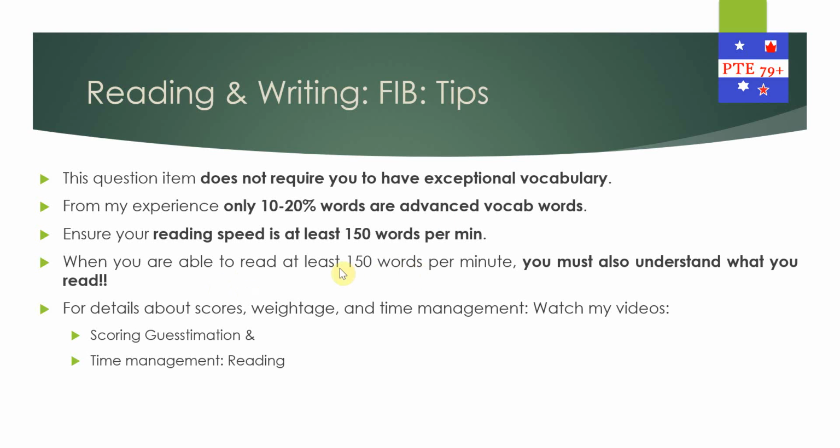Okay, so when you're reading 150 words, you should also make sure you understand that. So if you're just able to read and not understand, then that means you need to further improve your speed. Remember this point, important. And again, watch these two videos of mine, scoring estimation and time management reading. That way you can manage your time better.